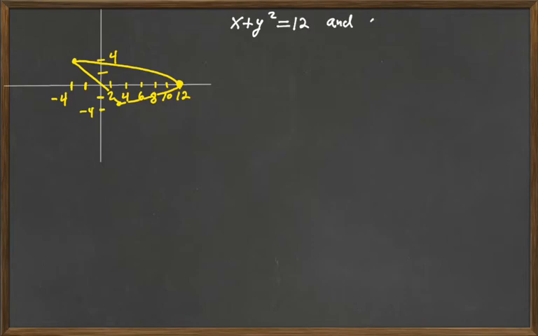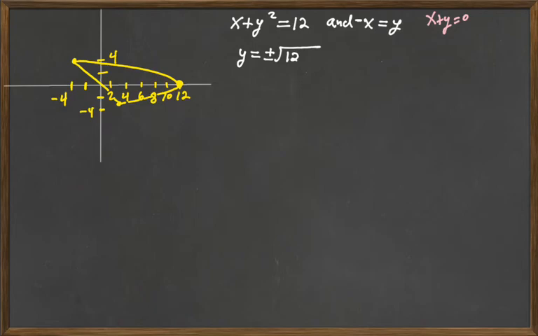X plus y squared is equal to 12. And it was negative x is equal to y, or is x plus y is equal to, I think that's what we had originally, right? X plus y is equal to 0. So yeah, that would give us negative x is equal to y. Okay. Now if we solve for y, you're going to subtract x and then take the square root.